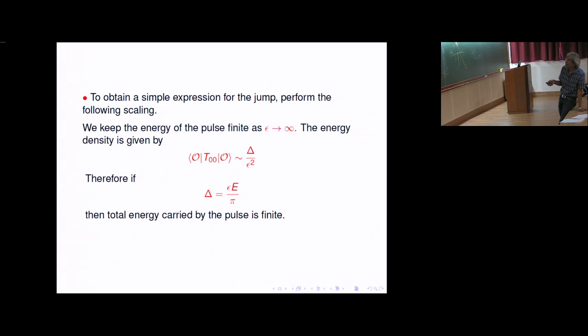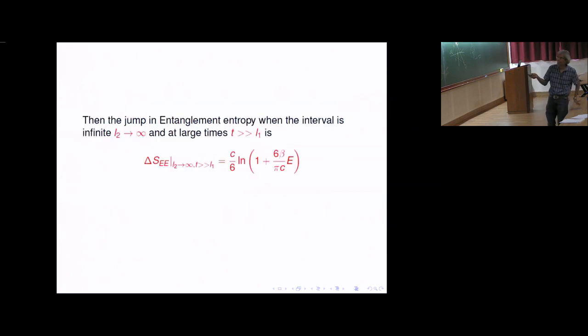The density in that particular state where you created the excitation is delta by epsilon squared. And therefore, if delta is scaled like epsilon e by pi, where pi is just a normalization, then the total energy is fixed. So we keep the total energy of the pulse fixed and send in the pulse. And if you do that, we get a nice scaling limit for the jump. So this is the jump for large times.